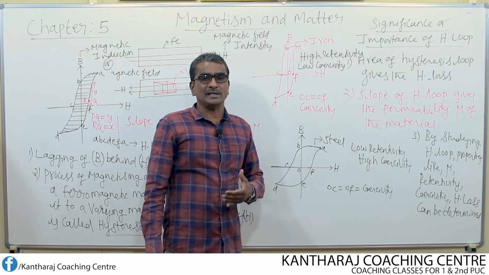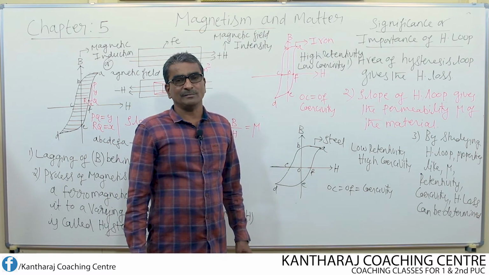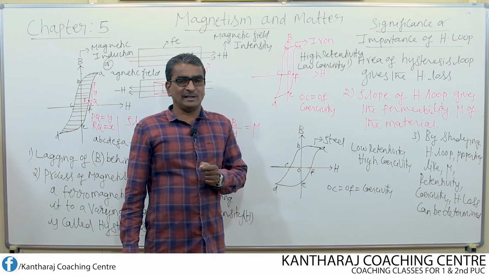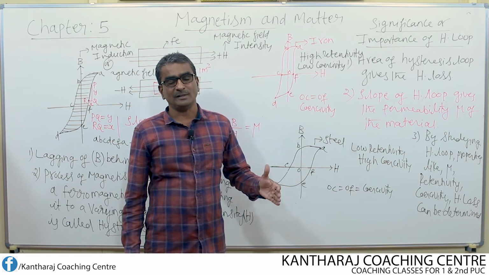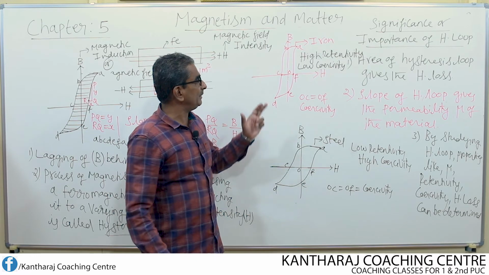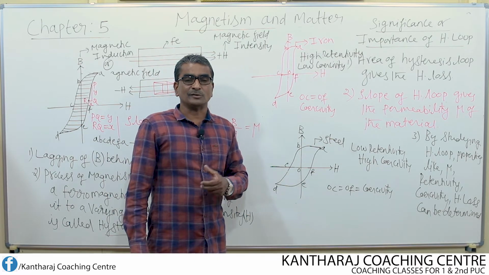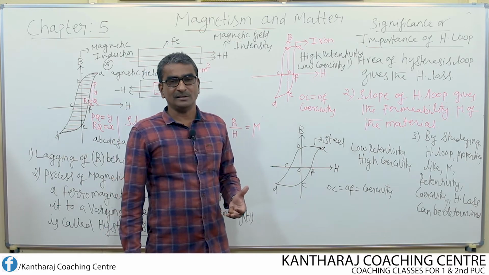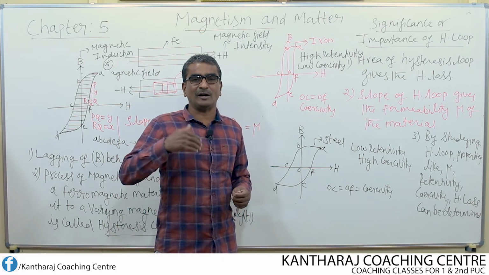So that is why the hysteresis loop is said to have its own significance, because we have to select the material, whether iron is suitable for a temporary magnet or steel is suitable. How do we come to know? We come to know only by means of the hysteresis loop. Then which material is suitable, whether steel or soft iron, to make the core of the transformer armature?